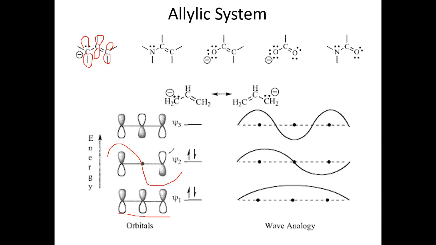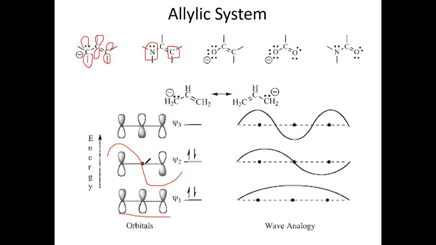This is really important for reactivity, because what this means is that any allylic system is only going to react through the termini. Say for instance this one, it's only going to react through nitrogen or this carbon right here, but it'll never react through the central carbon. That's based on the molecular orbital diagram shown here.